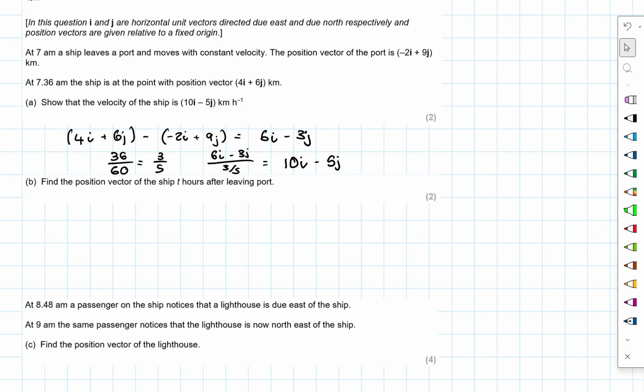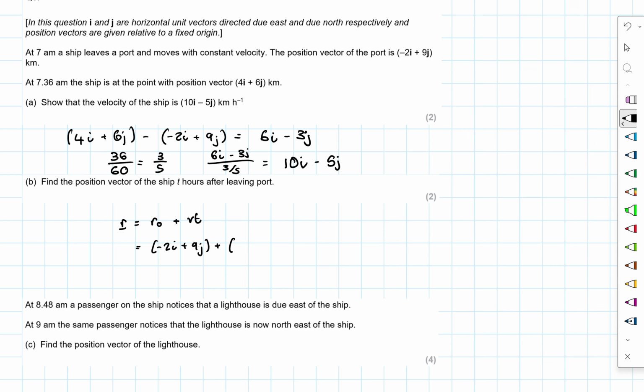Position vector t hours after leaving the port. So this is another one of these situations which you're probably familiar with now, having done a few of the questions, where they are just asking you for this new vector, which you could call r. And that's equal to r0, our initial position, plus vt. So r0 is -2i plus 9j.